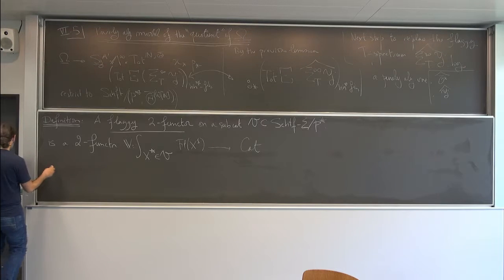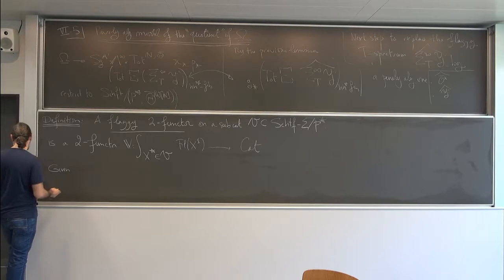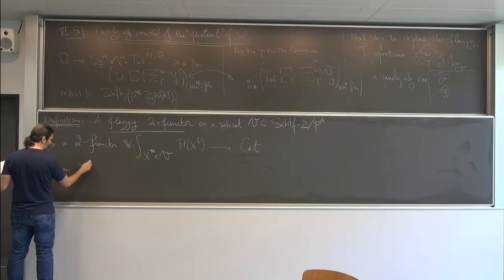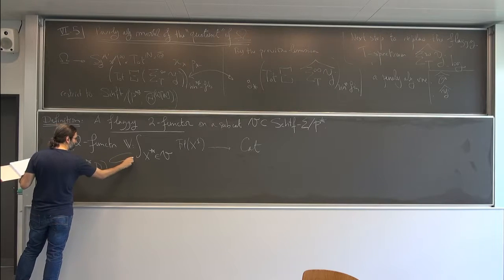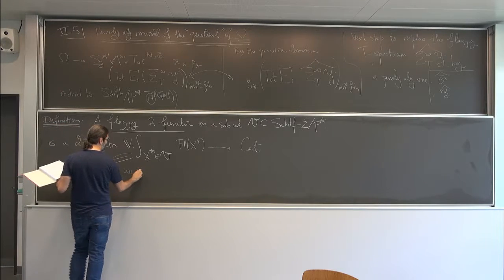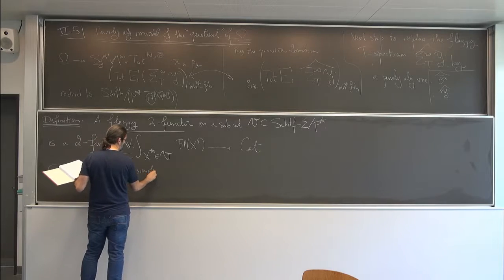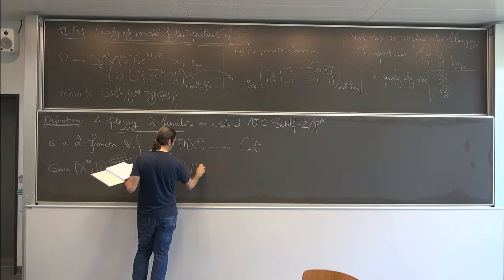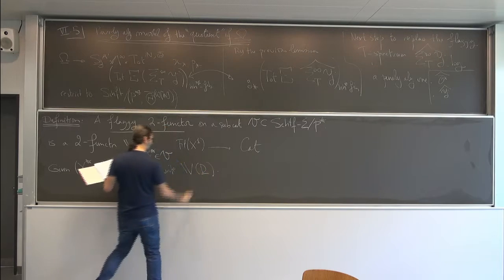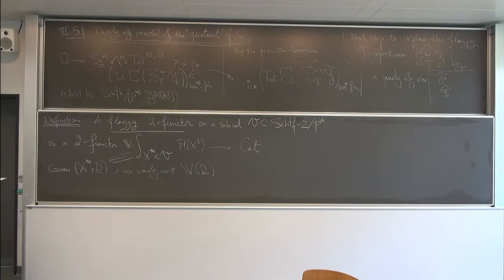And as usual, given x star, there we simply write the values of this two functor value.